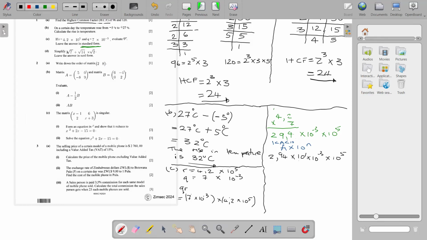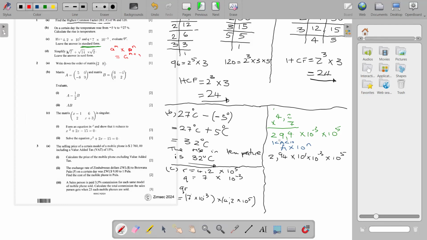Then from there you realize that here we apply laws of indices. Law 1: if the bases are the same, a to the power m multiplied by a to the power n, we add the powers. This will be equal to a to the power m plus n.